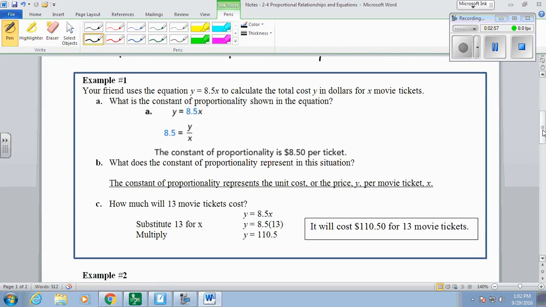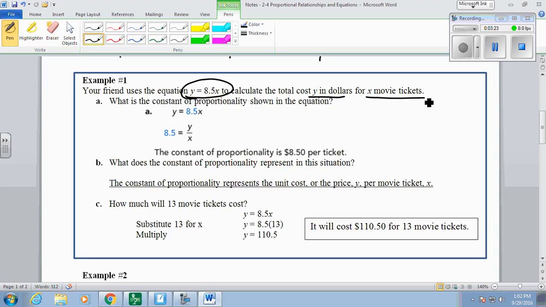Example number 1 is a complete example. So I'm really just going to leave this up here in case you guys want to refer back to this. It's really the same thing that we're going to be practicing in number 2. I like this example because it shows you the equation of y equals 8 and 5/10 x, and it calculates the total cost y in dollars for x movie tickets.